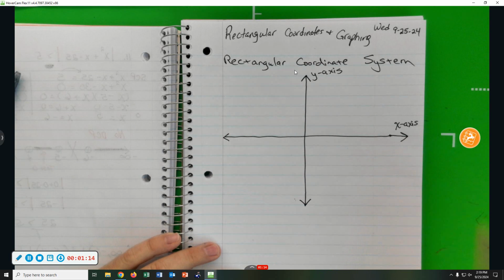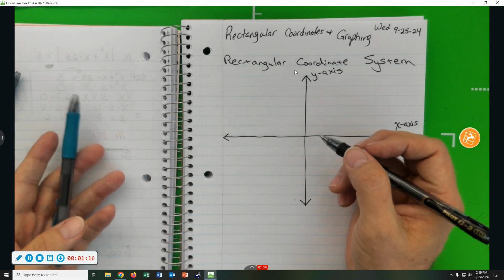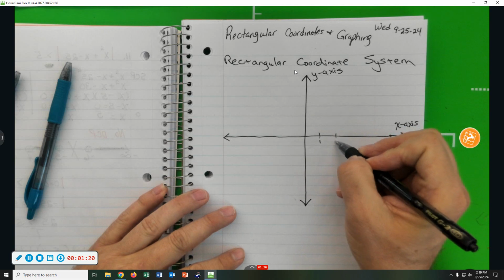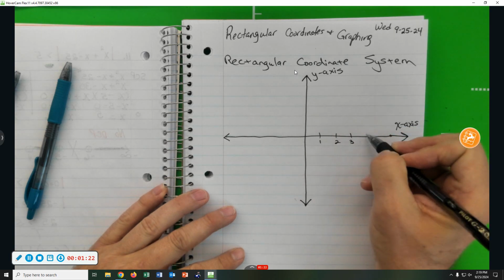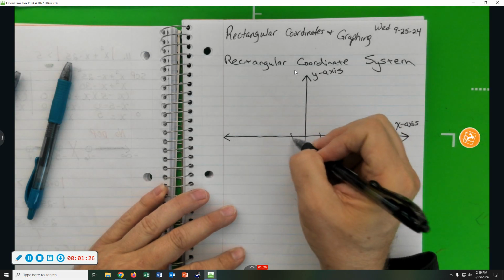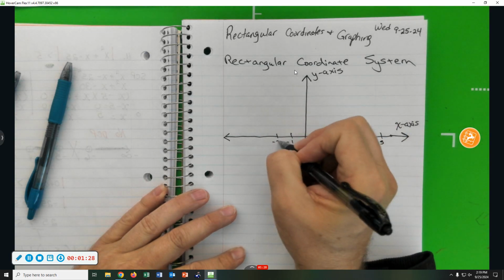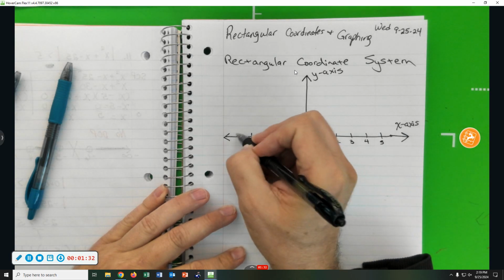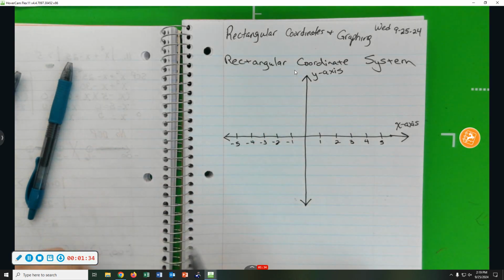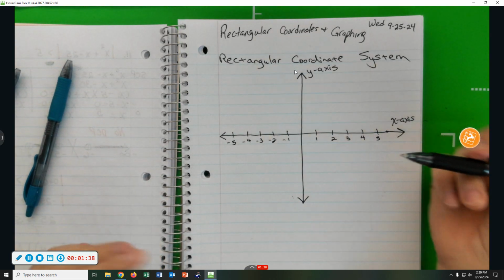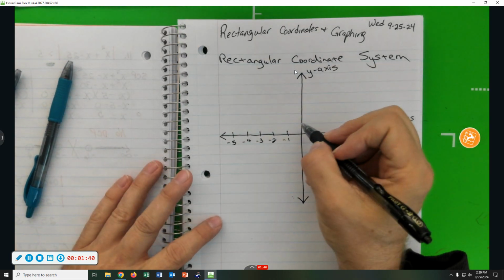And then on the horizontal number line, it's exactly what you expect with the number line. To the right is positive. To the left is negative. I was looking for some graph paper, but I don't have any, and they're not using graph paper, so I can do it freehand here.